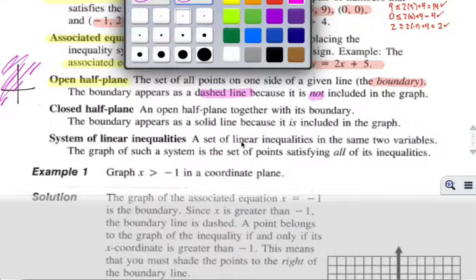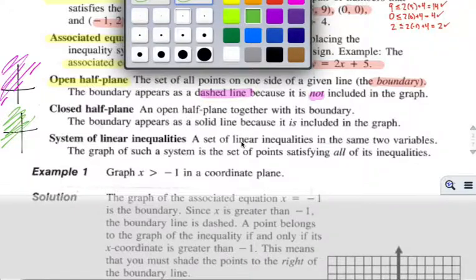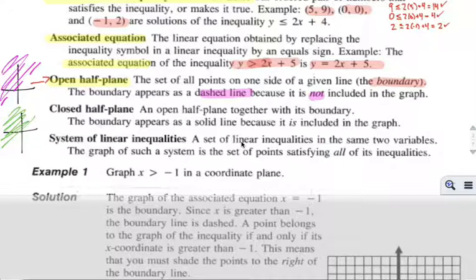For a closed half plane, we have a solid line and we shade one side. Again, the open half plane and the closed half plane. Then a system of linear inequalities means we've got a set of linear inequalities in the same two variables.